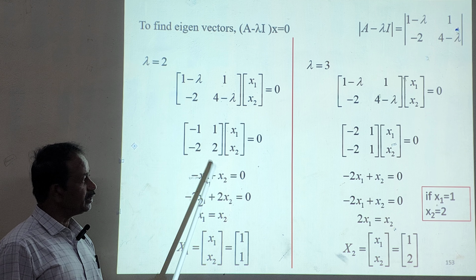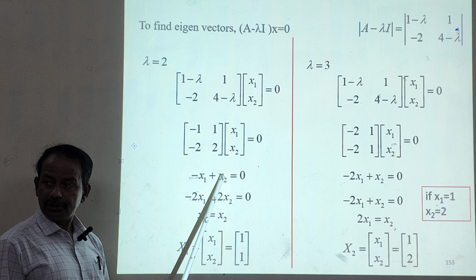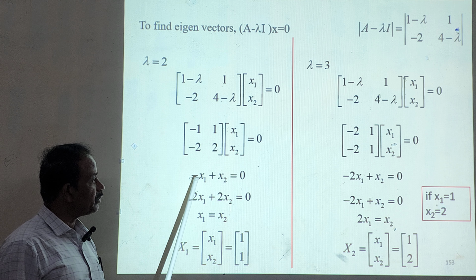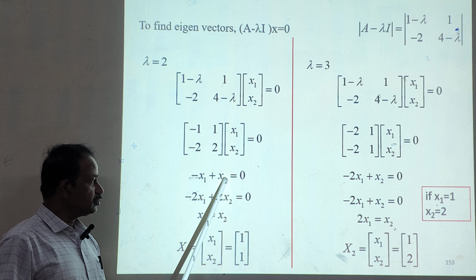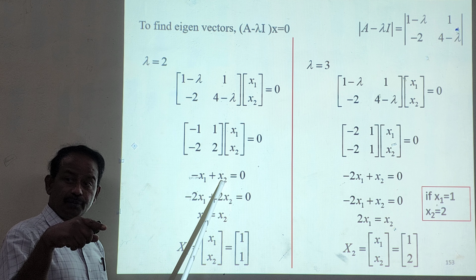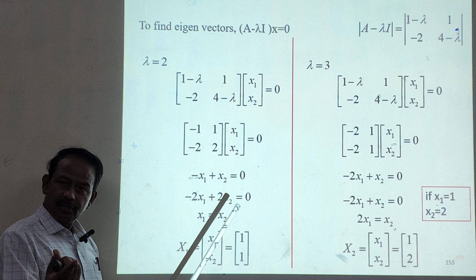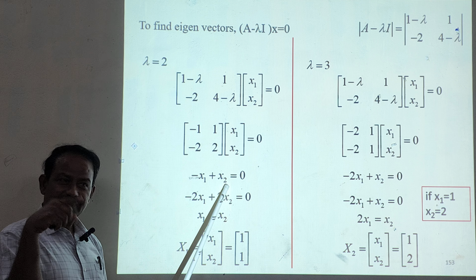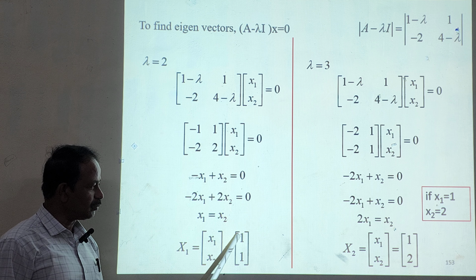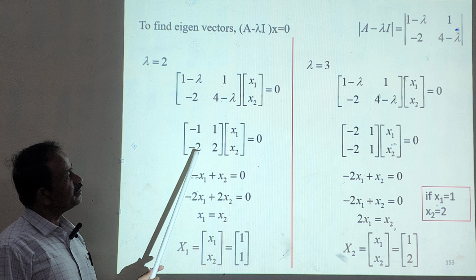And this one multiplied by x2. So minus x1 plus x2 is equal to 0, so minus x1 equals minus x2. Minus minus will go off. So x1 equal to x2. If x2 equal to 1, x1 will be 1. So 1, 1.